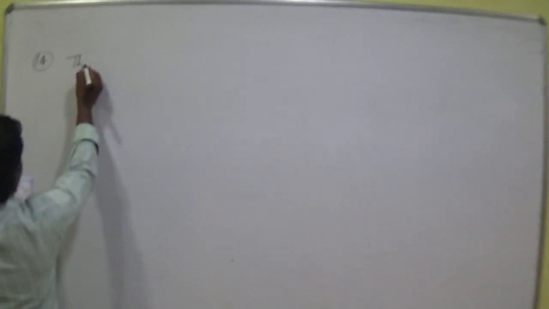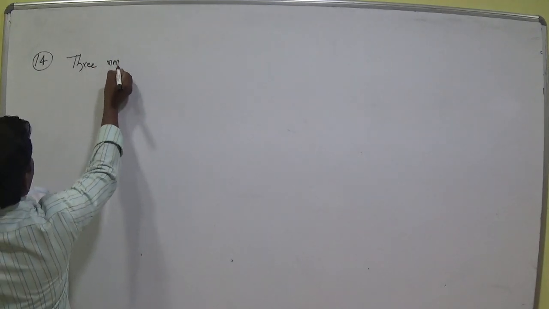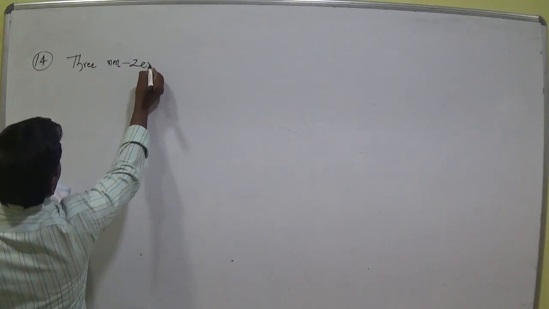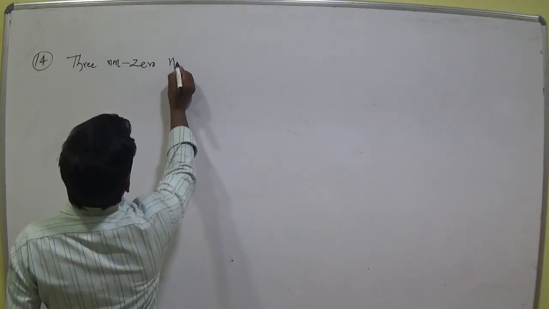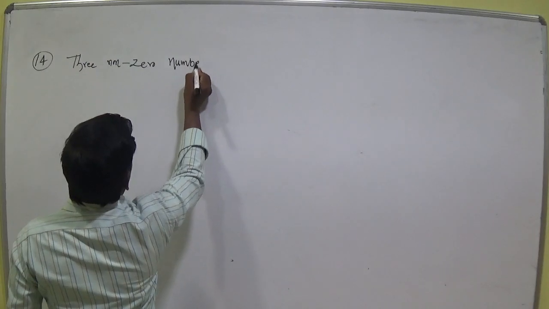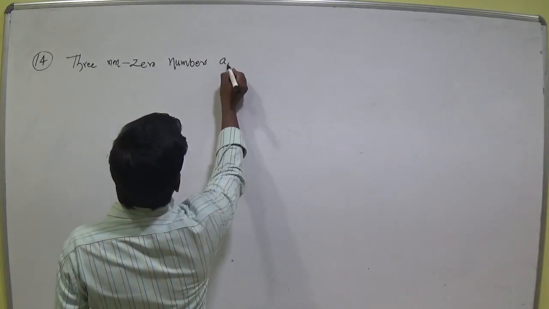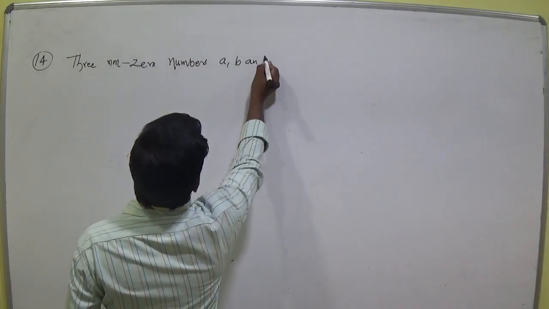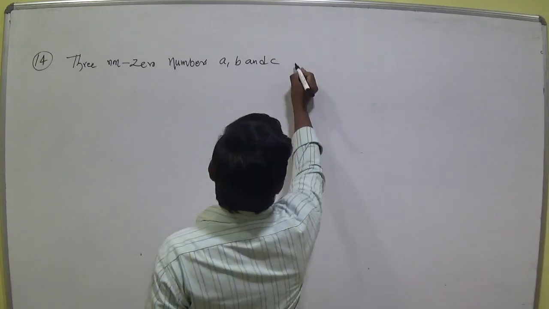What is the problem? Three non-zero numbers a, b and c are in AP.